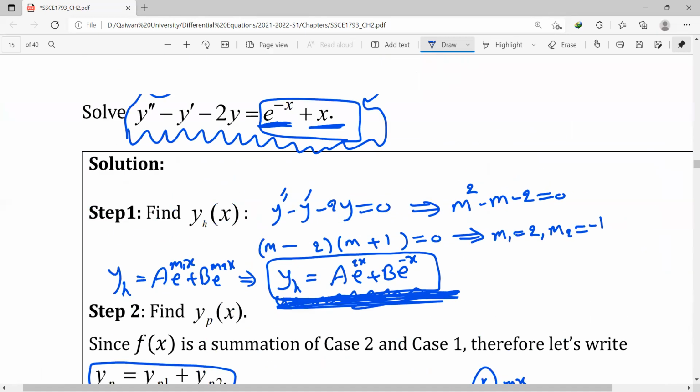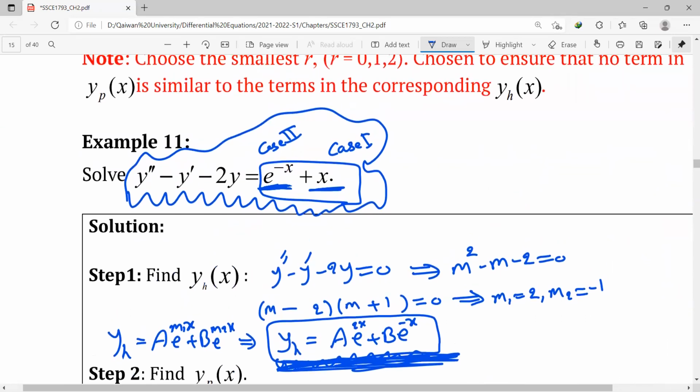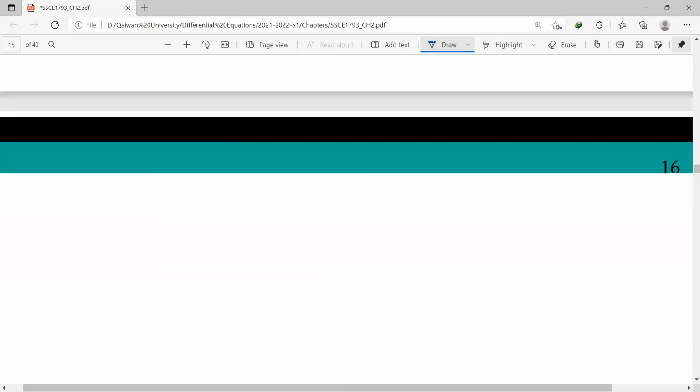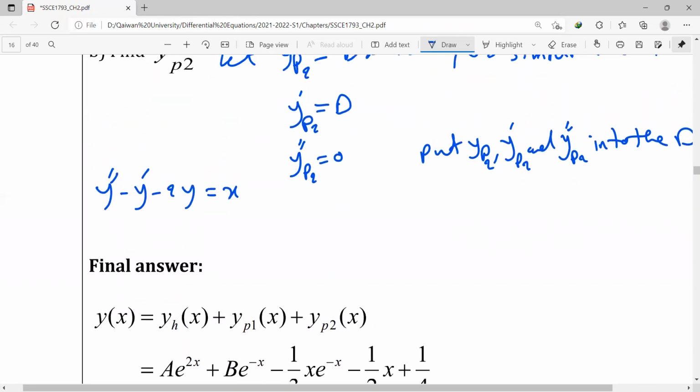We just write down the right hand side for the second part. For the first case, we needed the exponential function, but here we just need to write down the polynomial one. Okay, and so this is the differential equation.